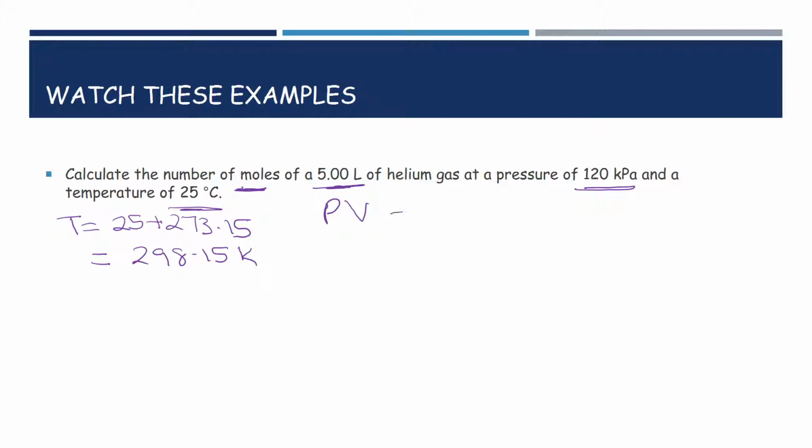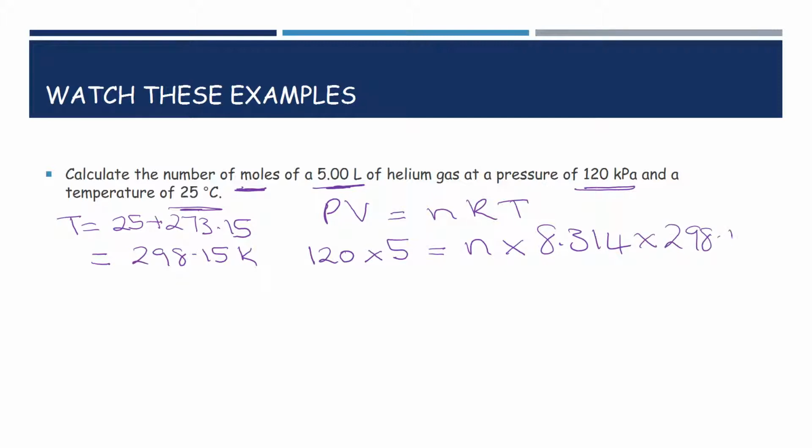Now that we've worked out the temperature, we can work out the number of moles. So PV equals nRT. You can either substitute first or you can rearrange first. I'm going to substitute. The pressure was 120, the volume was 5, is equal to the number of moles times the gas constant, which I get off the data sheet, times 298.15. Now I'm going to multiply that out.